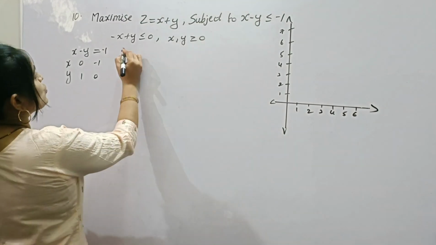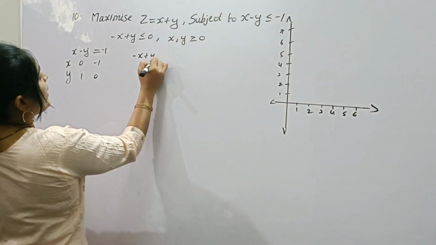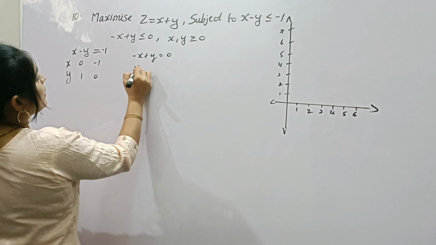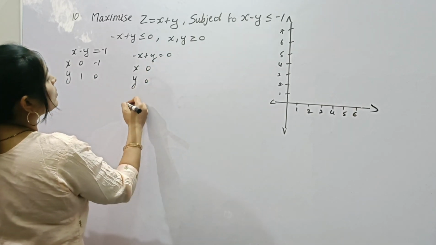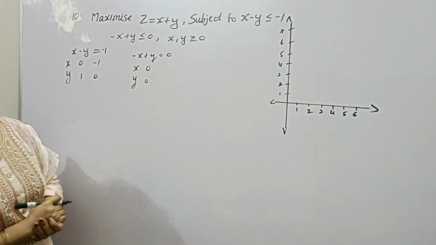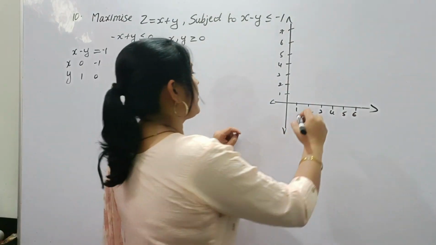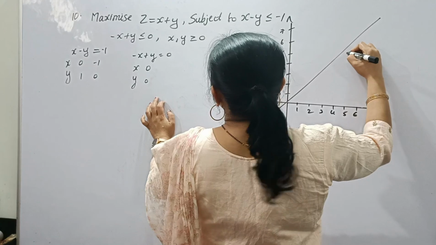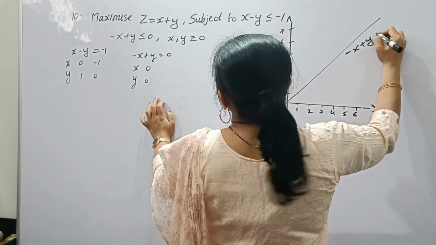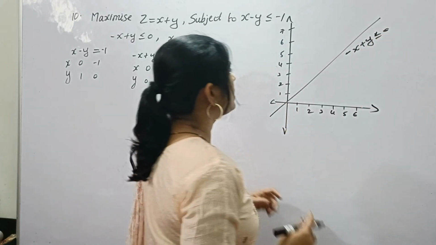And here next one, minus x plus y is equal to 0. When x is equal to 0, y is equal to 0. Okay, that is, it passes through the origin. One line passes through the origin. It is minus x plus y less than or equal to 0.